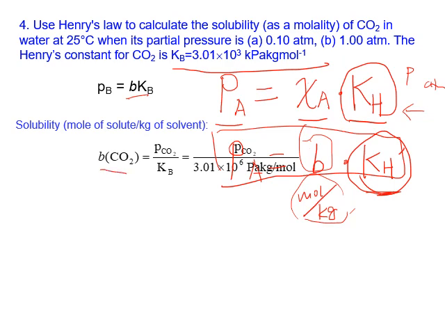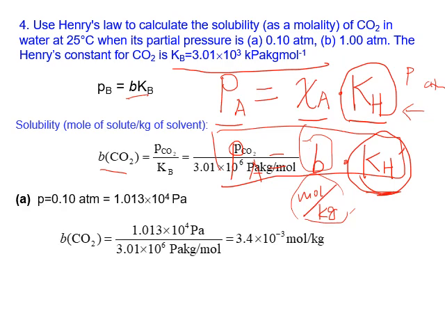So molality is calculated by pressure divided by K. For pressure 0.1, because Henry's constant is in kilopascal, we convert atmosphere to Pascal, and so here pressure divided by K constant gives you 3.4 times 10 to the minus 3 moles per kilogram.